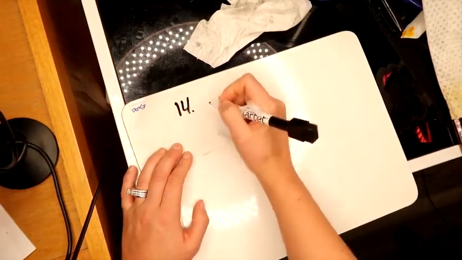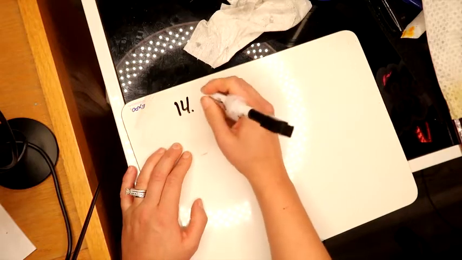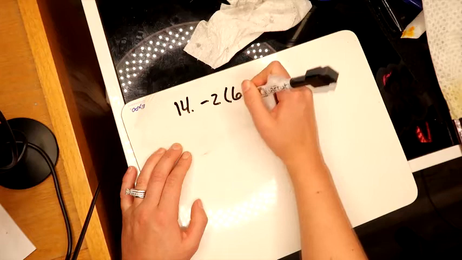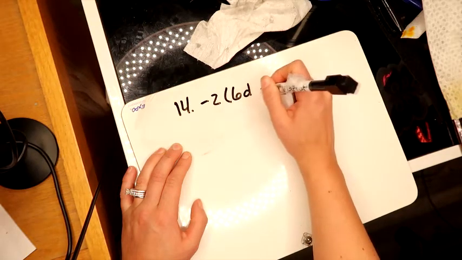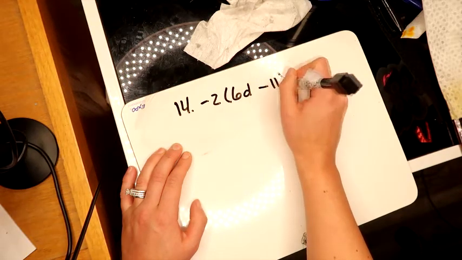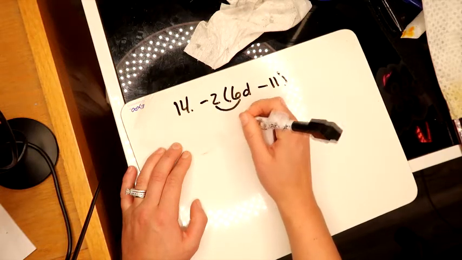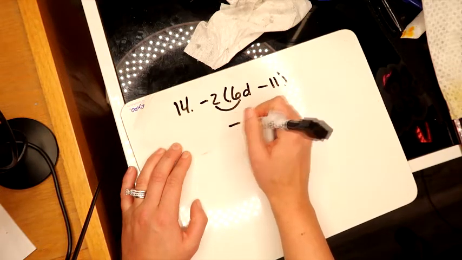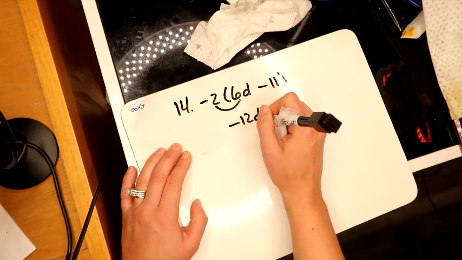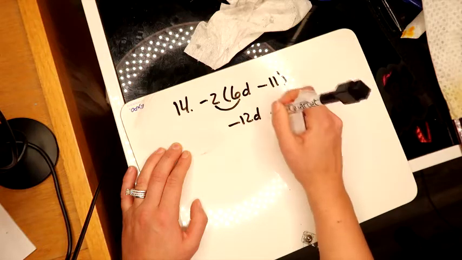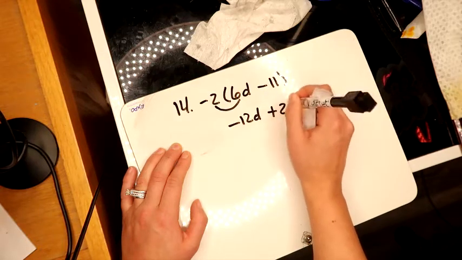14, our last problem at the top here. Negative 2 times (6d minus 11). Negative 2 times 6d is going to be negative 12d, because 6 times negative 2 is negative 12, plus 22.